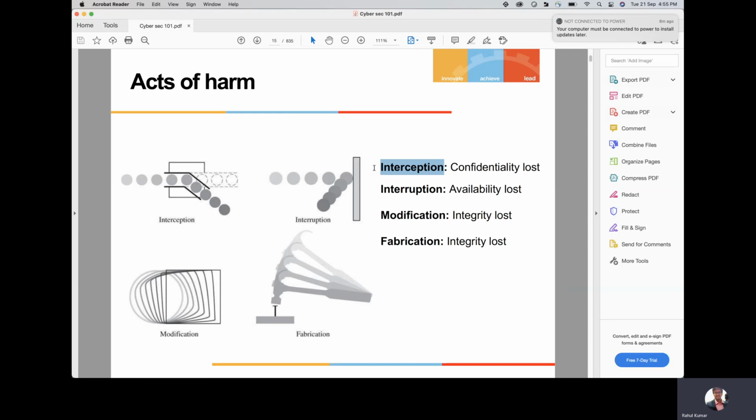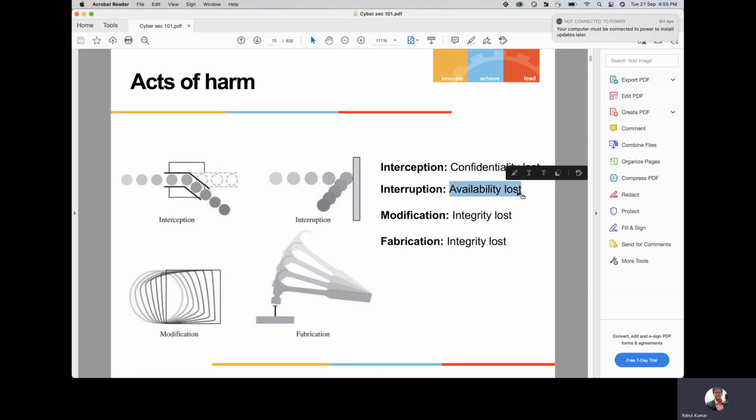So that's interception. Interruption would be, if someone is trying to make a radio connection with someone else, let's say they are trying to communicate over a radio frequency. If someone puts a jammer to not allow them to talk, that's interruption of the signals, correct? In that case, availability of the data will be lost.